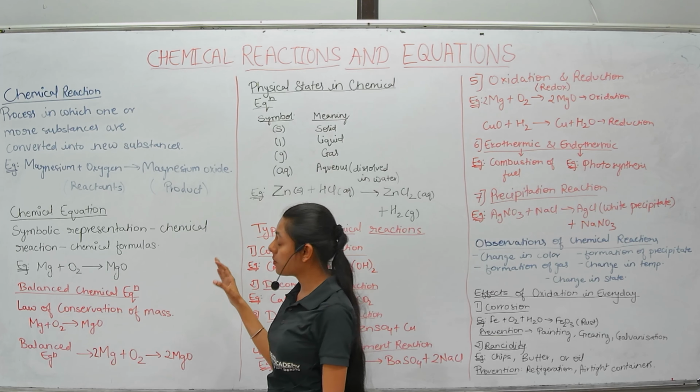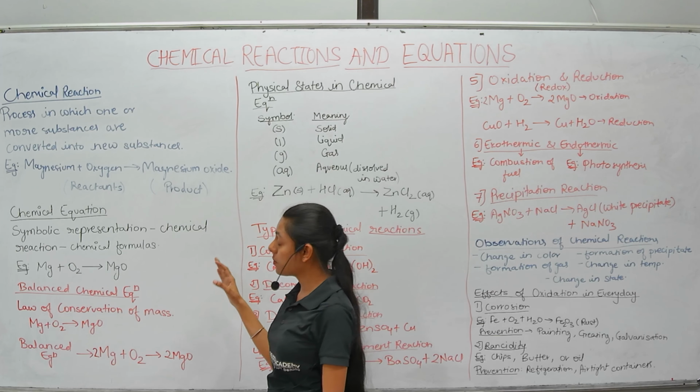Here the chemical symbol of magnesium is Mg, and the chemical symbol of oxygen is O2, which will give us magnesium oxide, which is MgO. Okay, so this is a chemical equation.